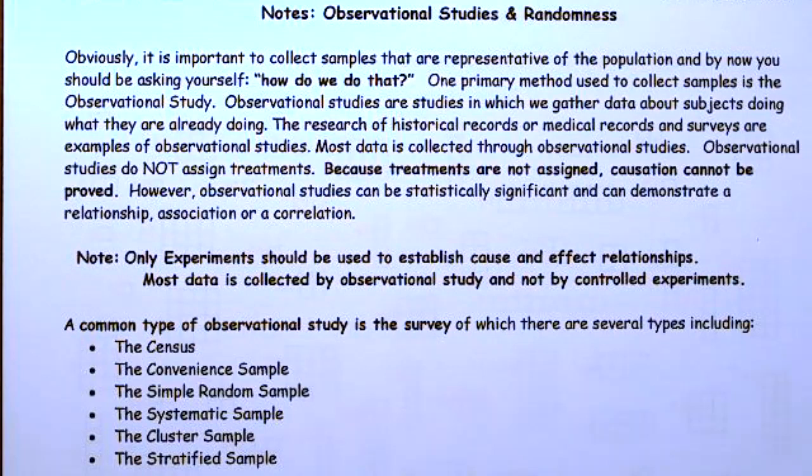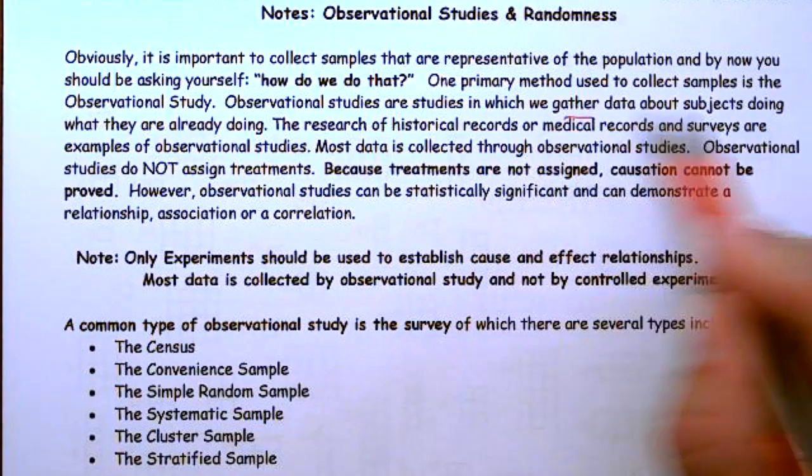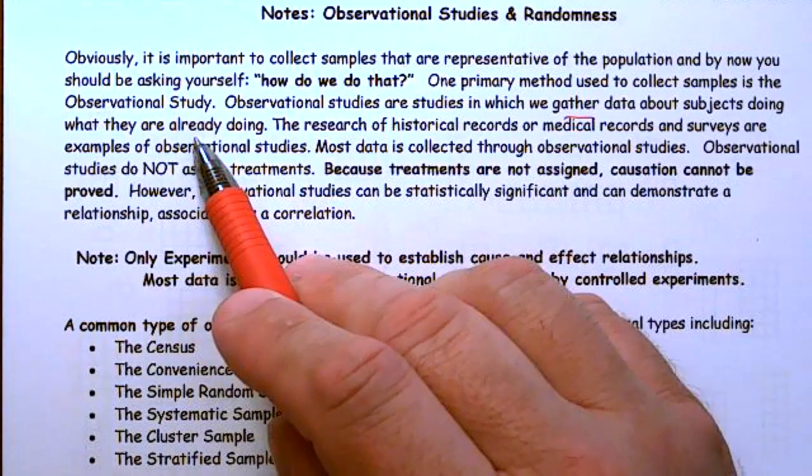One primary method to do that is observational studies. As a matter of fact, most data is collected through observational studies. Basically, an observational study is where we gather data about subjects doing what they are already doing.